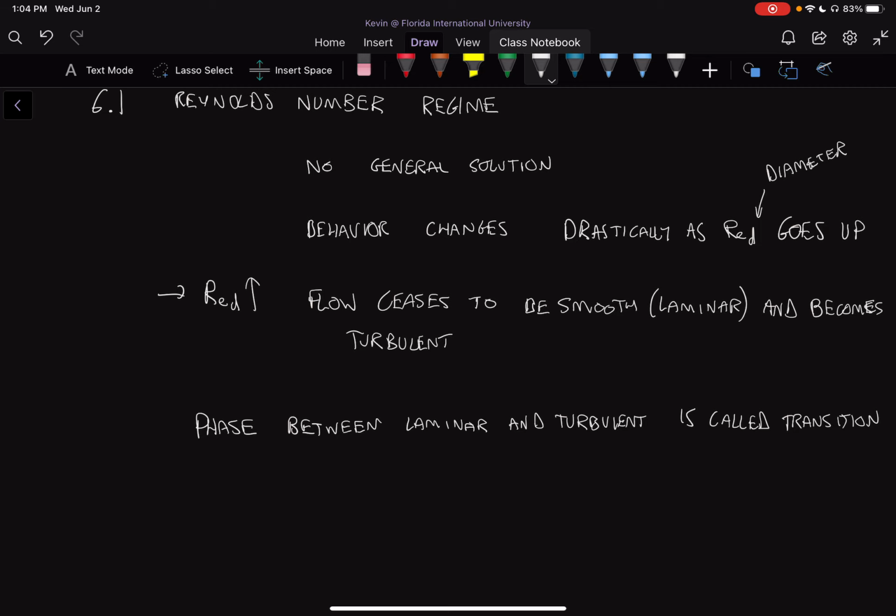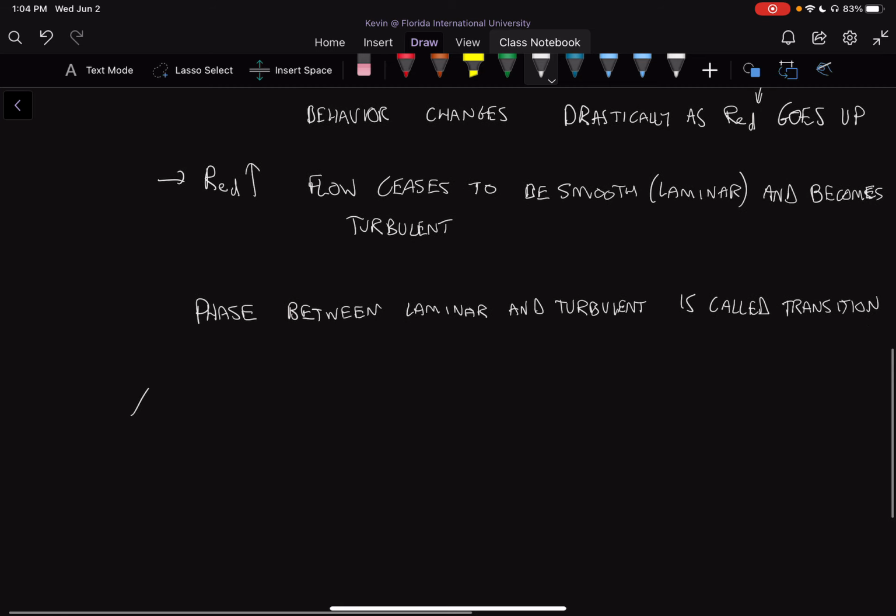Okay, and we can say, very important, that Reynolds number for flow in a circular pipe is accepted to be transitioning at Reynolds equals 2,300. So Re_D is equal to 2,300, and this is for flow in a circular pipe, so it's not applicable to any other type of system.